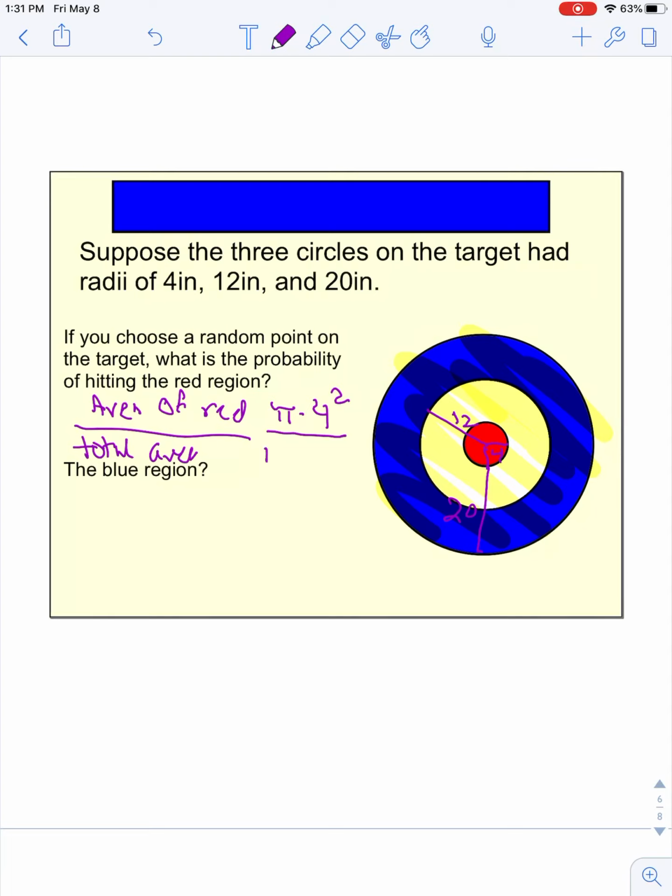That would be pi times 20 squared. So again, just divide, or you can calculate these separately, and get your decimal. If you want to change that back to a percent, that would be 4%.